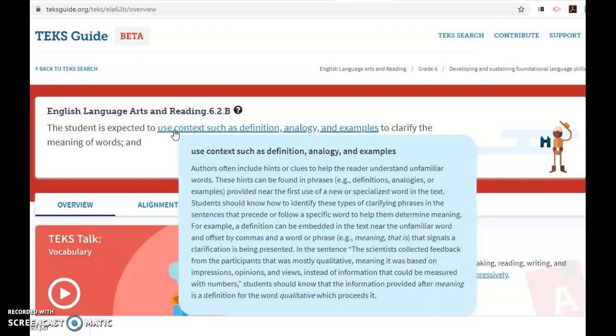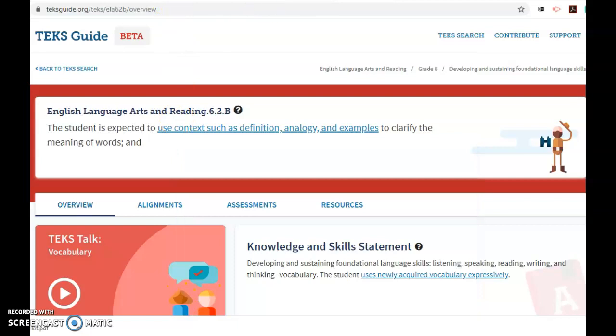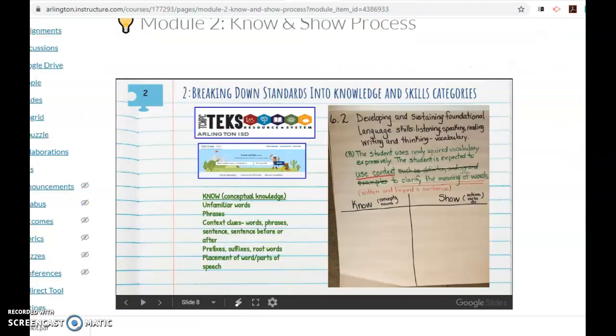For example, I see something just as I'm scanning about authors using commas to offset a phrase or word, using signal phrases like meaning that is. So as I find more information, I can return and add this to my chart.